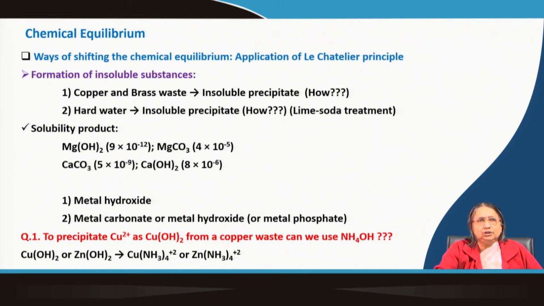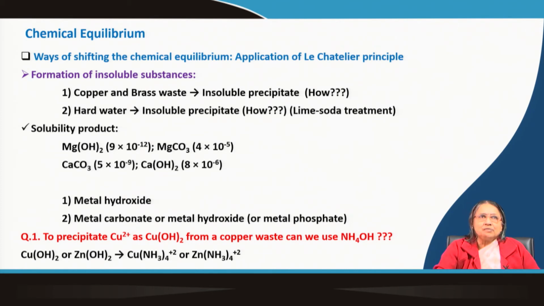So, in this case also we can remove copper as copper hydroxide. Copper hydroxide is insoluble. So, if we increase the pH, then copper hydroxide will be precipitated and we can remove it. This way we can treat the water which contains the copper ion.